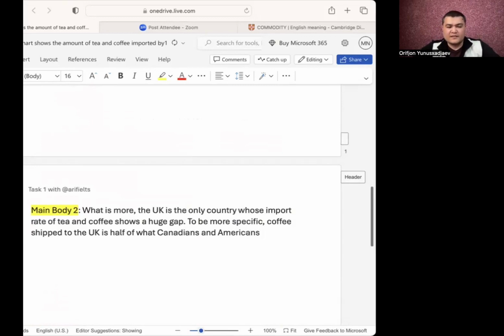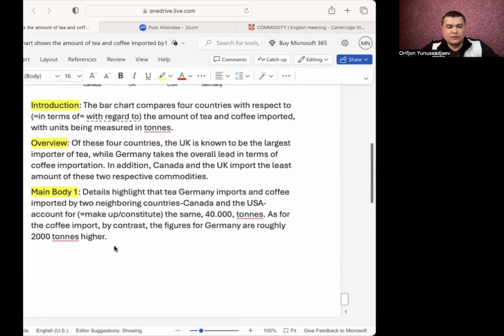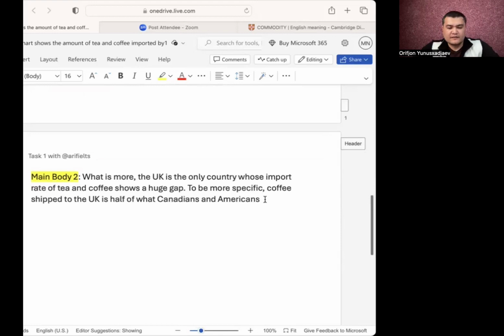Coffee shipped to the UK is half of what Canadians and Americans, right? What do we say here? Maybe import, right? Yes, it's a good expression here, a relevant one. To be more specific, coffee shipped to the UK is half of what Canadians and Americans import.